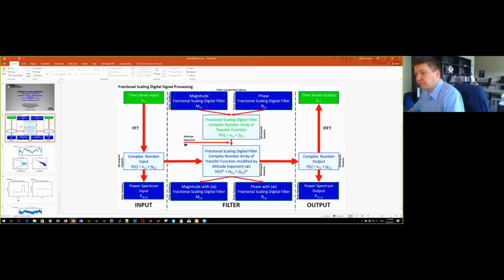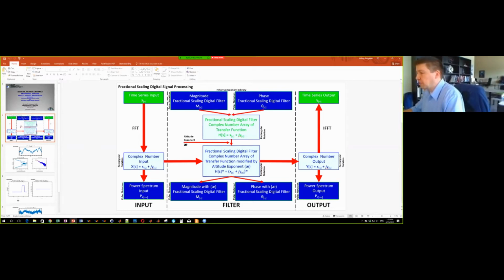So then, in general, how you perform a convolution in the frequency domain is you take a time series input and convert it to the complex frequency domain through an FFT, and then you take the complex number rectangular notation of the input and multiply it by the complex number notation of the filter that has the altitude exponent that's solved from the original fractional scaling digital filters.